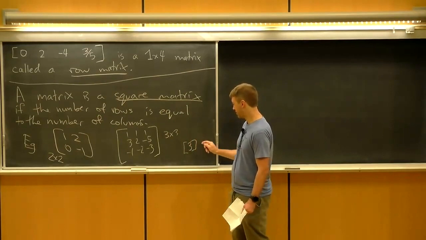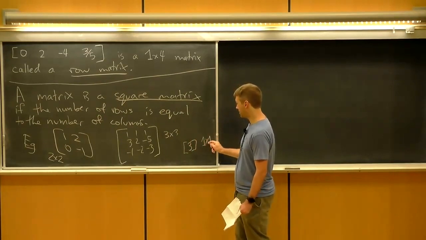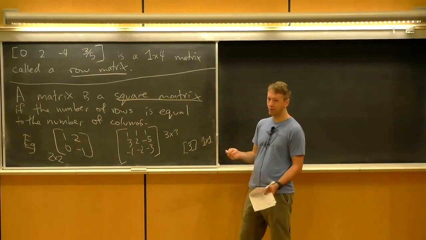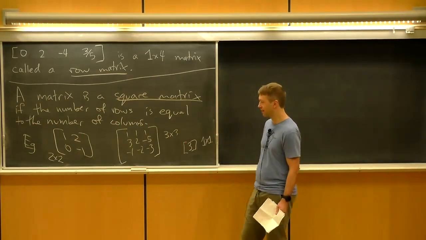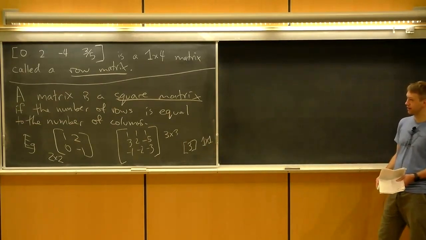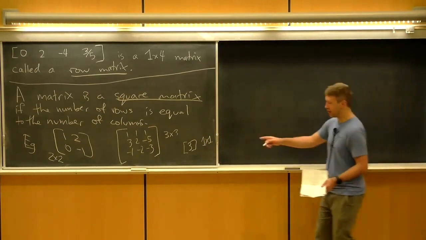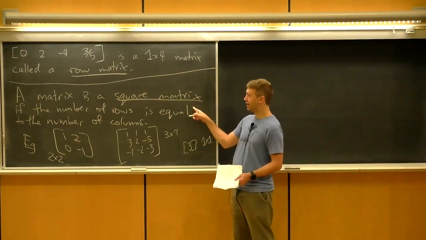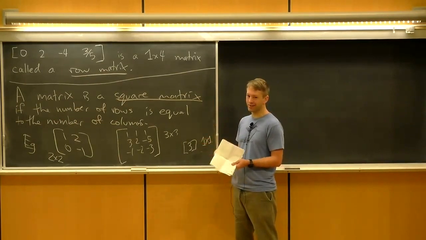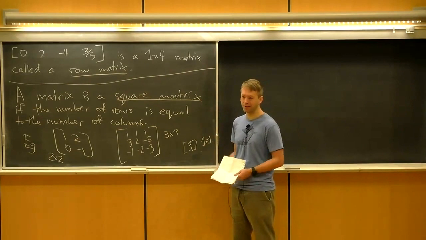This counts as a matrix, even though it just has 1 row, 1 column, 1 entry. If you have a 1 by 1 matrix, it's a square matrix, a column matrix, and a row matrix, all in one, in some sense.